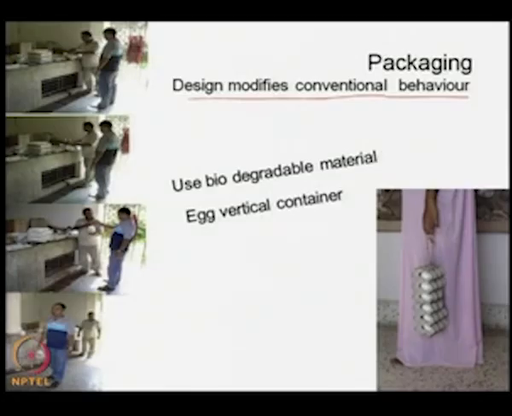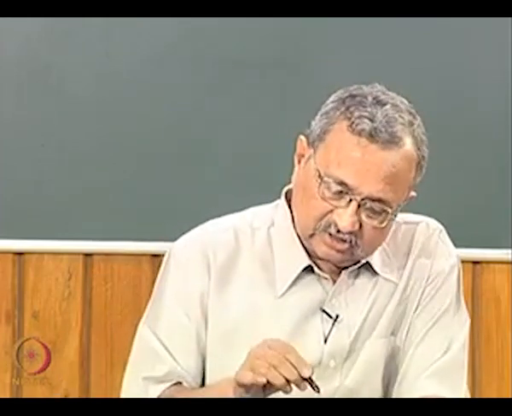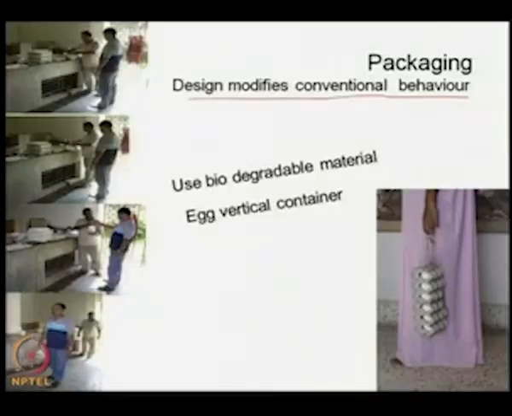How are eggs normally sold, and how do we buy, carry and store them? Here the egg vendor sells, a person goes there, buys and comes back. Normally people also carry eggs like this way.